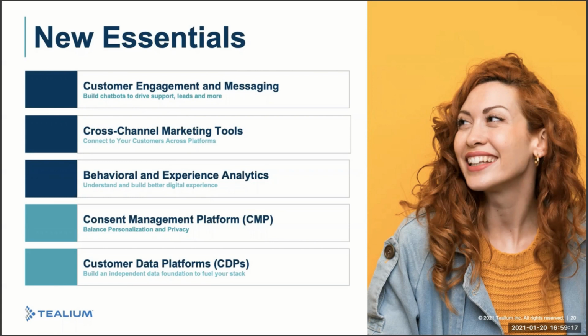And really thinking about, what are the technologies that I'm using for engagement and what are the technologies that I'm using to drive and understand how I should be engaging. Really think about those as your execution layer of your stack. And then the data layer of your stack is really the understanding and bringing together all of your customer data and being able to use that to drive execution ultimately.